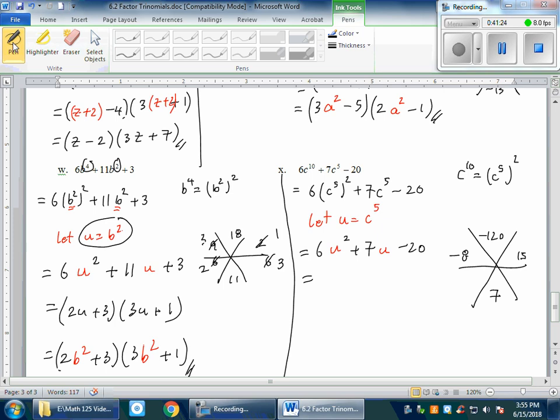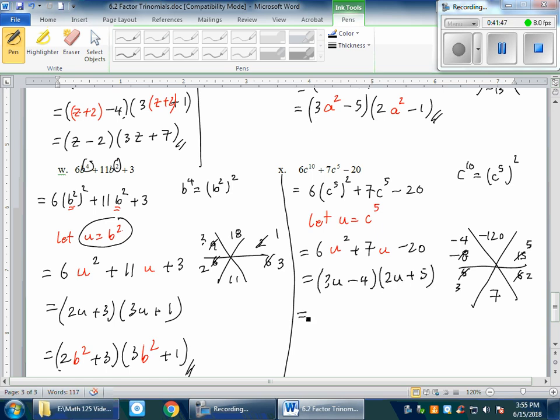And now we're going to divide by a, which is 6, and then reduce it. So 2 goes into 8 4 times, 2 goes into 6 3 times, 3 goes into 6 2 times, and 3 goes into 15 5 times. So my final answer in this case will be 3 times u minus 4 times 2 times u plus 5.